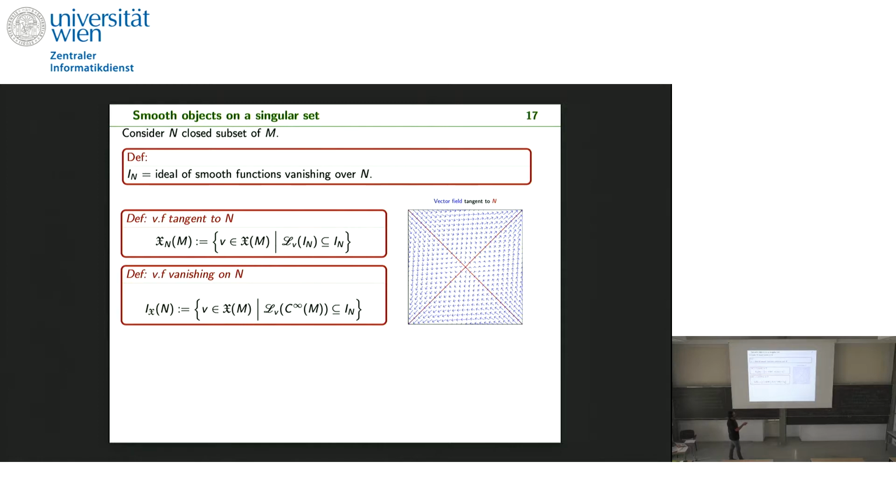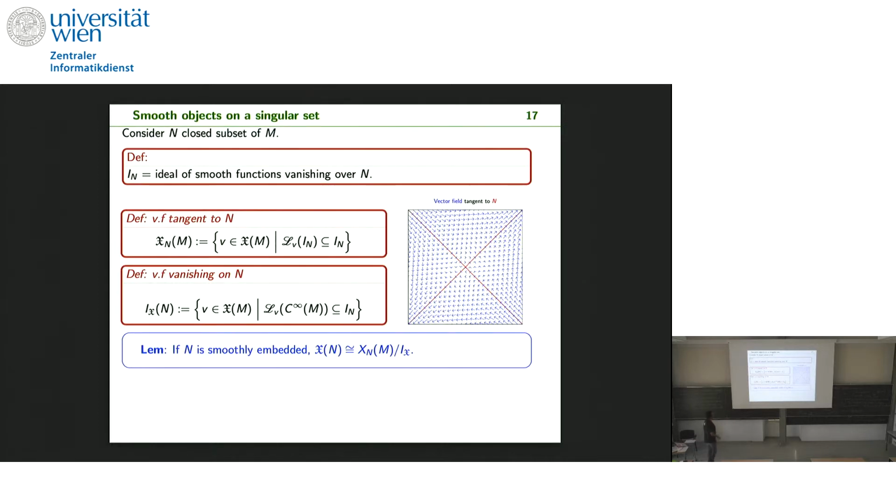The problem comes from these singularities. That's why we took this algebraic approach, because we are putting the problem of singularities under the rug. In the same algebraic way, you can also define what it means for a vector field to be vanishing over N. The Lie derivative of any smooth function along this field has to be something that vanishes over N.